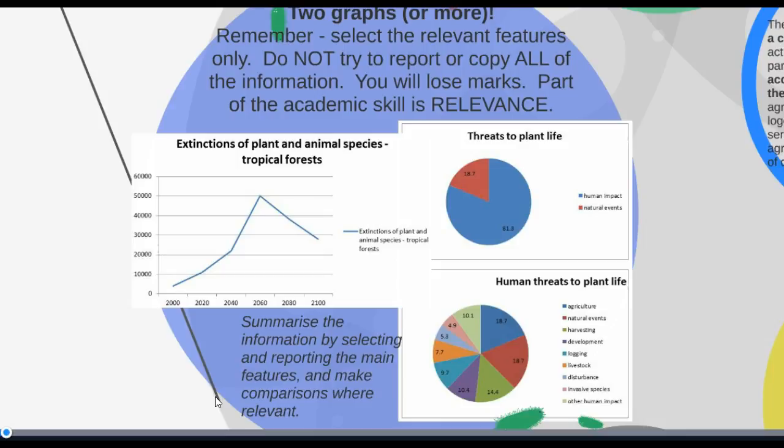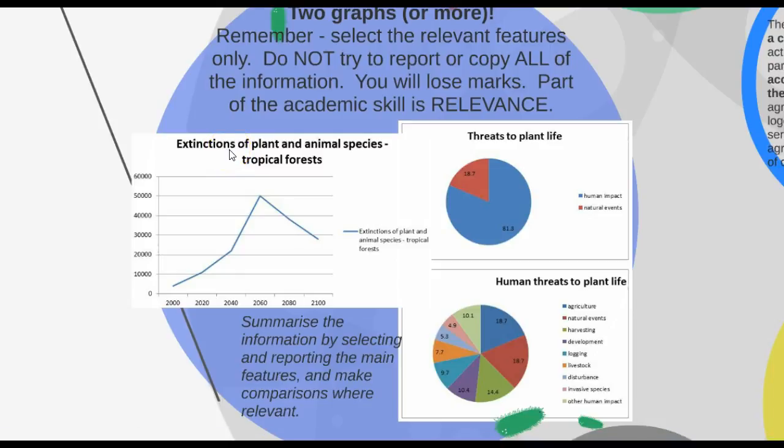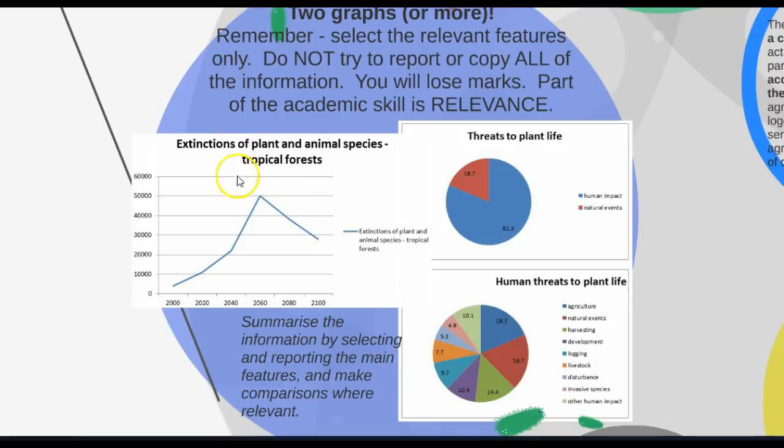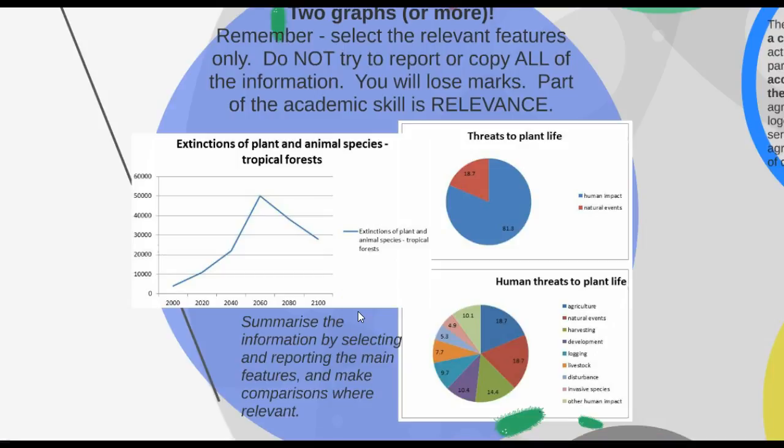In the line graph, you can see the focus is on extinctions of plant and animal species. Also notice it's only in tropical forests. These numbers here must be years, and it's clear it is a projection into the future.